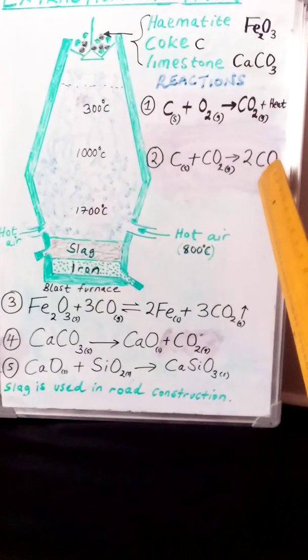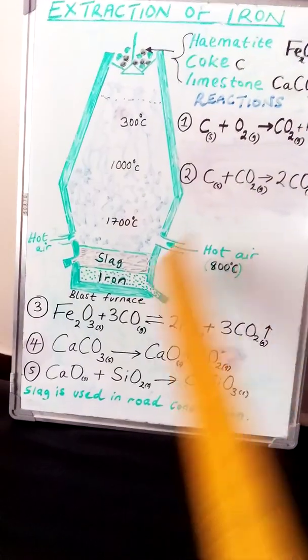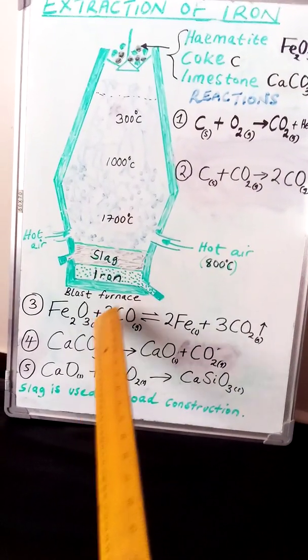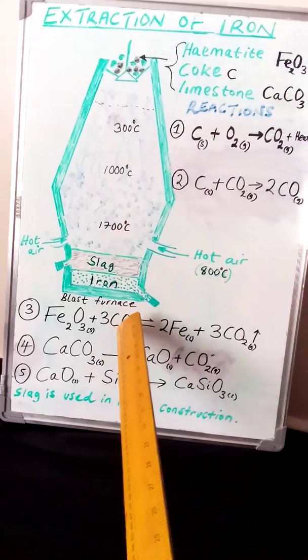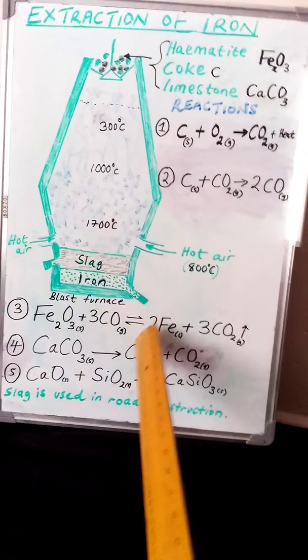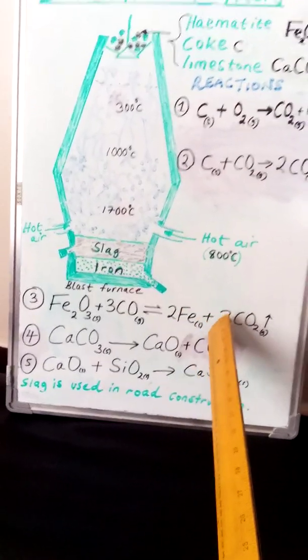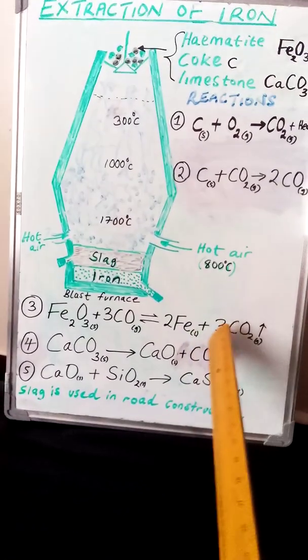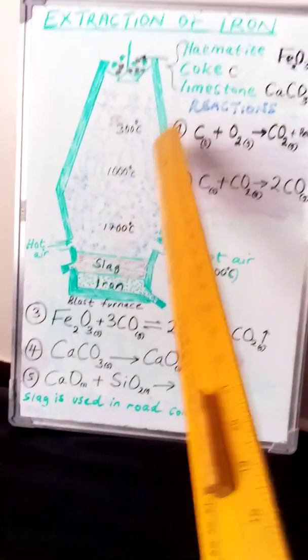And once we have that carbon monoxide, it is going to react with the iron 3 oxide found in the hematite and produce iron, which we need during the whole process. During this process, carbon dioxide is also produced, and it is let off.